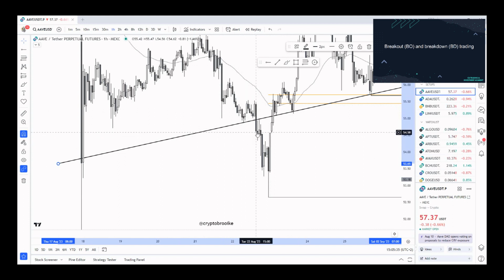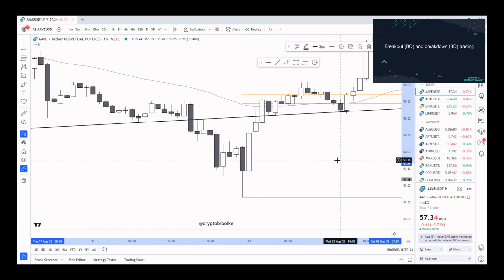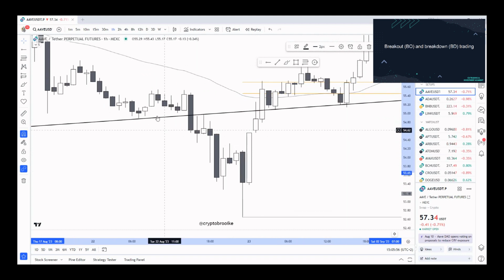A breakdown candle means closing below the trend line, which did here. Then a confirmation candle, which means the whole second candle is below the trend line, and then a retest of the trend line. So if I zoom in, you will see that that was exactly what happened here. Breakdown, then a second candle close and open below the trend line, and the third candle retested the trend line, and then the move down happened.